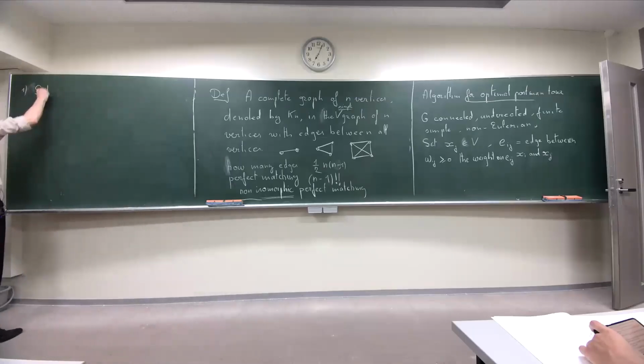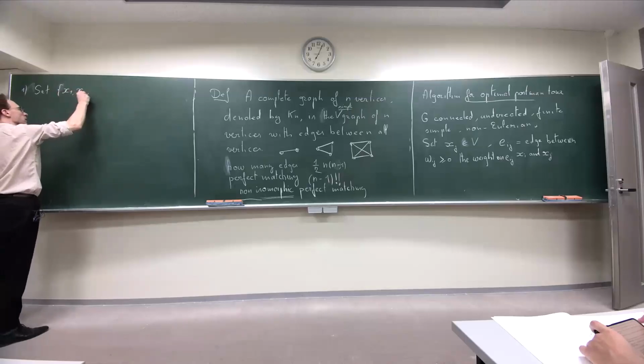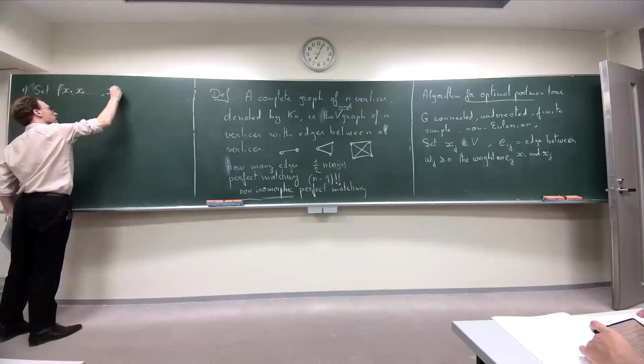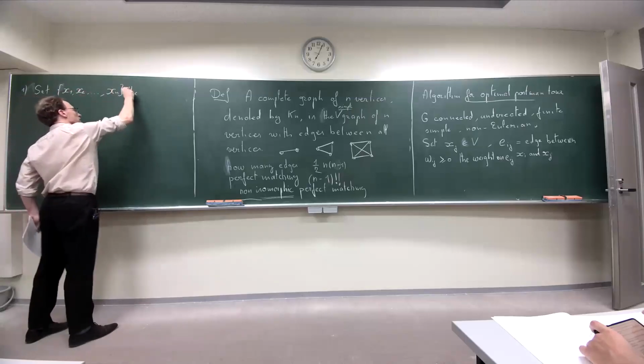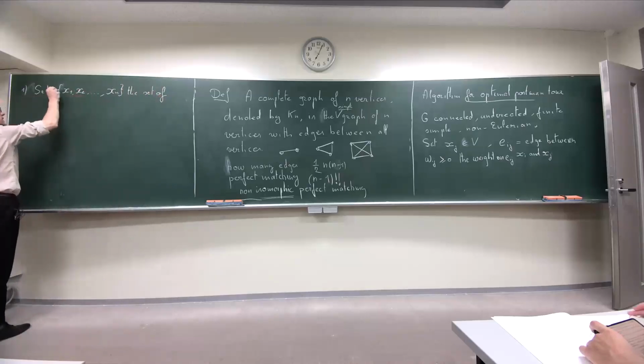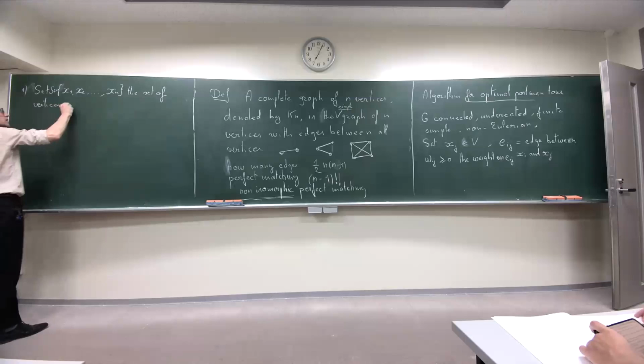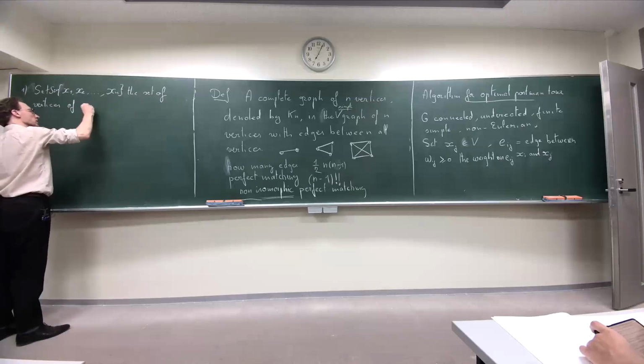One, I set x1, x2 to xn, the set of vertices, and I give the name S to the vertices of odd degree.